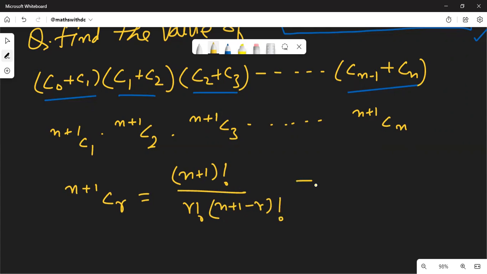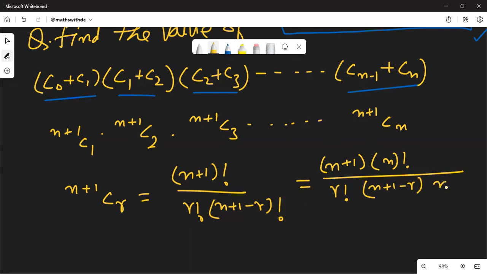Now, if we open this bracket, n plus 1 factorial is n plus 1 times n factorial, divided by r factorial, and the denominator can be written as n plus 1 minus r times n minus r factorial.